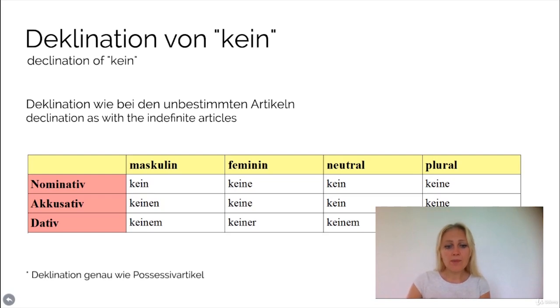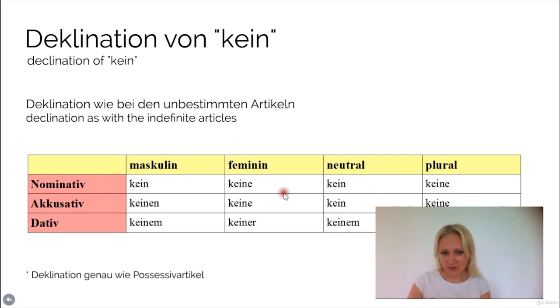For example, you can say, ich glaube keinem Kind, I believe no child. Although children very often say the truth, it was just a basic sentence that came into my mind.